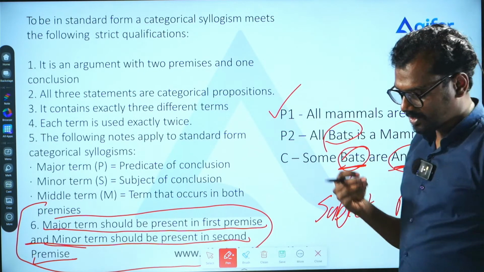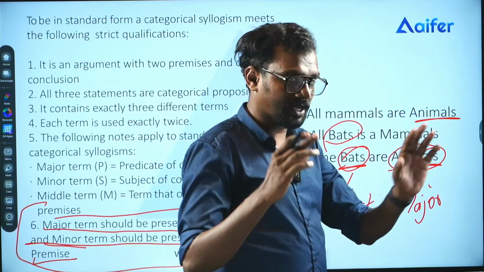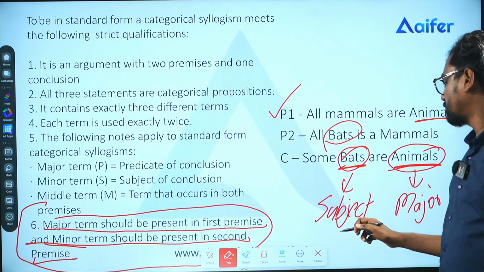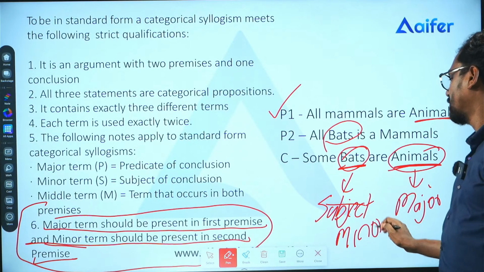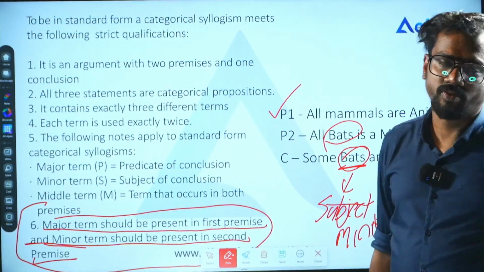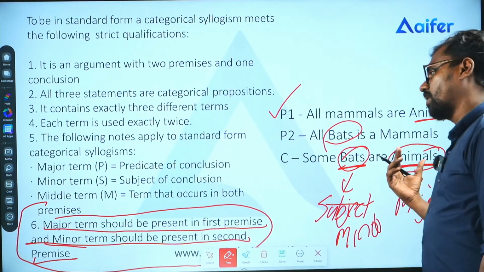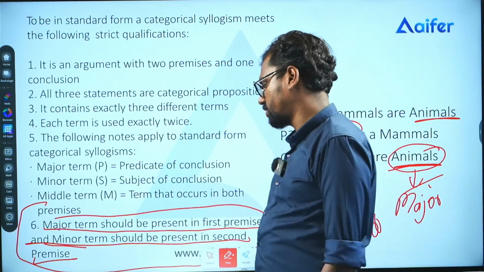So a syllogism is in standard form when the predicate of the conclusion, the major term, is present in the first premise, and the subject of the conclusion, the minor term, is present in the second premise. This is how you convert a syllogism to standard form.